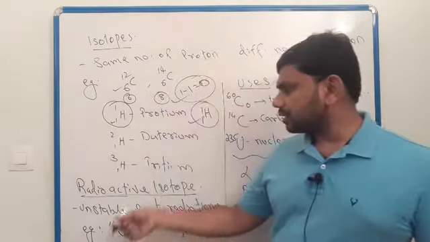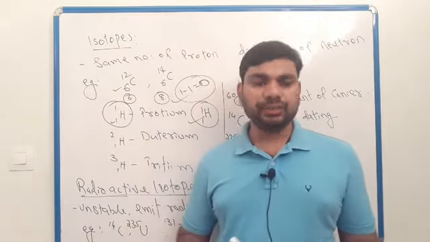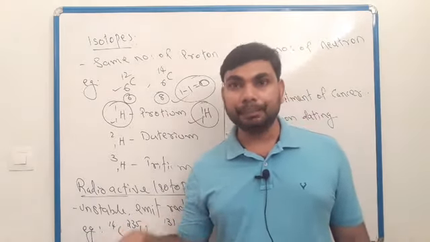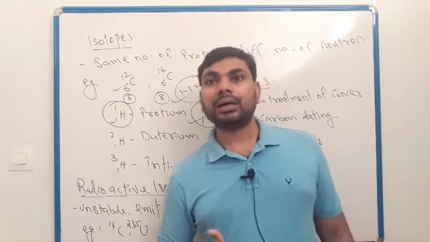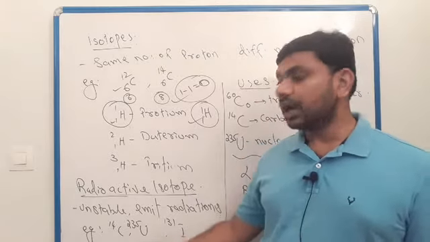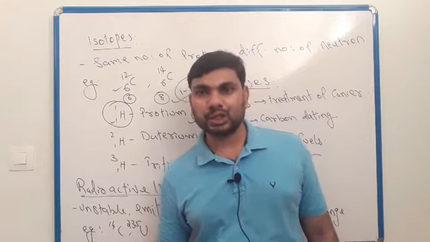After that, we have to understand radioactive isotopes. Radioactive isotope means some isotopes are not stable. They will not stay the same over time. For example, carbon 14 is a radioactive isotope.